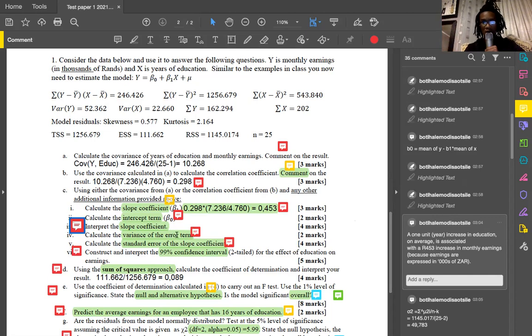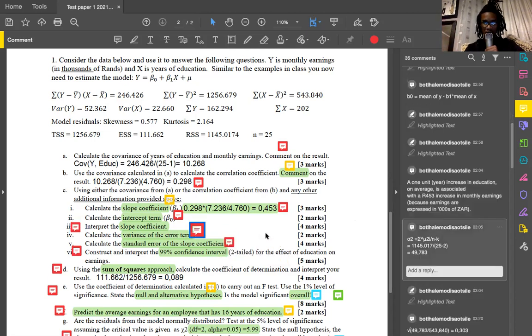Very important. Then we move on to the variance of the error term. So you calculate it using this formula right here. That sigma to the power of u squared, you'll see this on your formula sheet as well. It represents RSS.